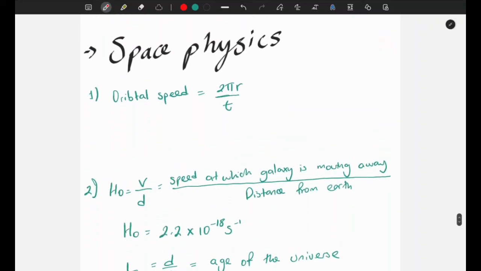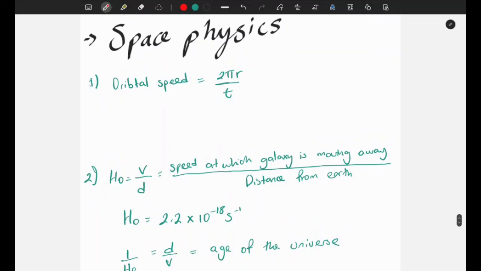Next one, space physics. For space physics, the orbital speed is 2 pi r over t. Now I'll explain this formula. We know that speed is distance over time. For orbital speed, let's say we have the sun and one planet orbiting around the sun.